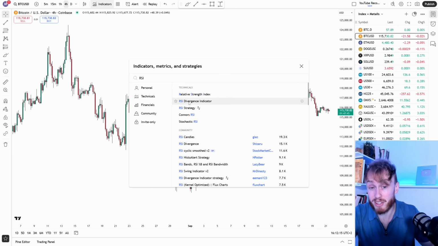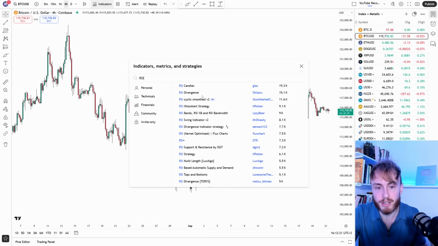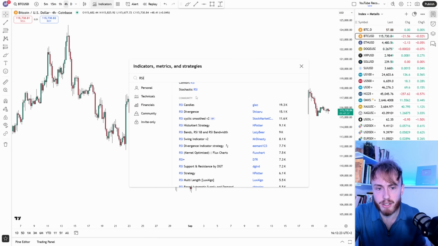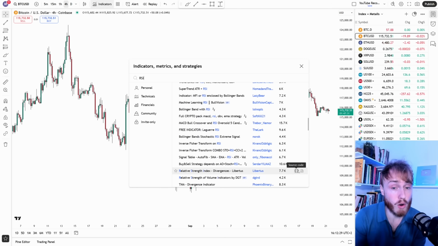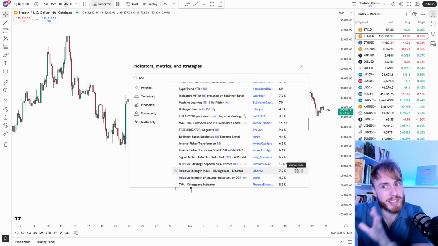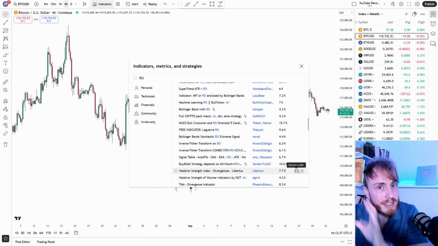We have one called RSI Divergence. Remember, divergence is one of my favorite indicators, but you can see that we have some indicators under technicals here, and then we also have lots of indicators under community. And all of these indicators are different versions of the RSI that are created by the TradingView community. So it can, for example, be RSI indicators with slightly different settings.